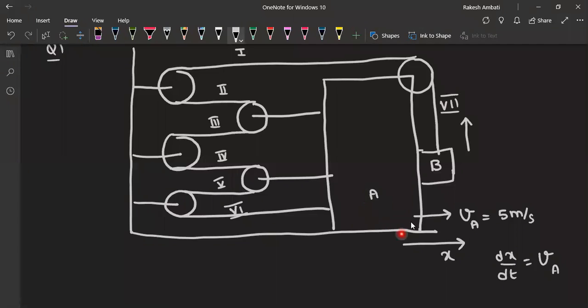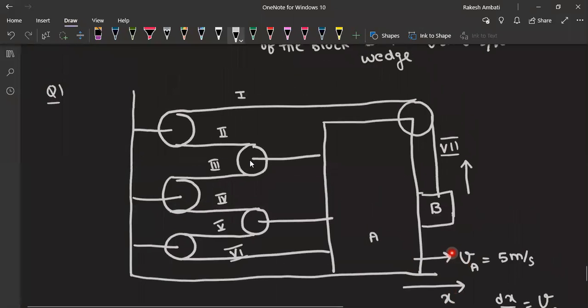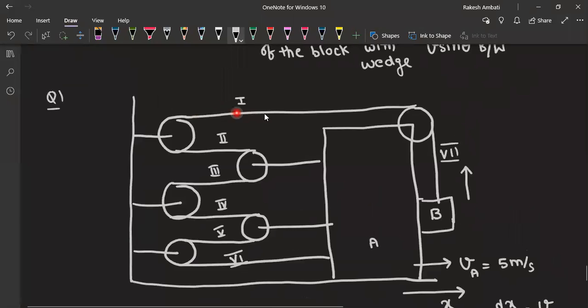As wedge A is moving rightwards through distance x, does the first segment length increase, decrease, or stay constant? It increases by x. The second segment increases by x. So all of these increase by x.